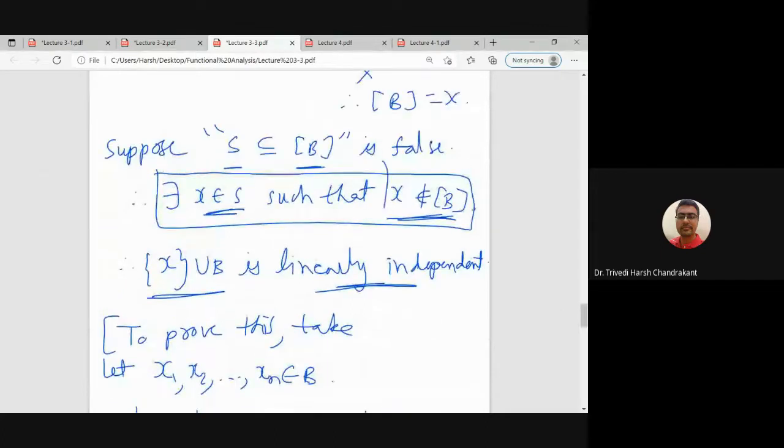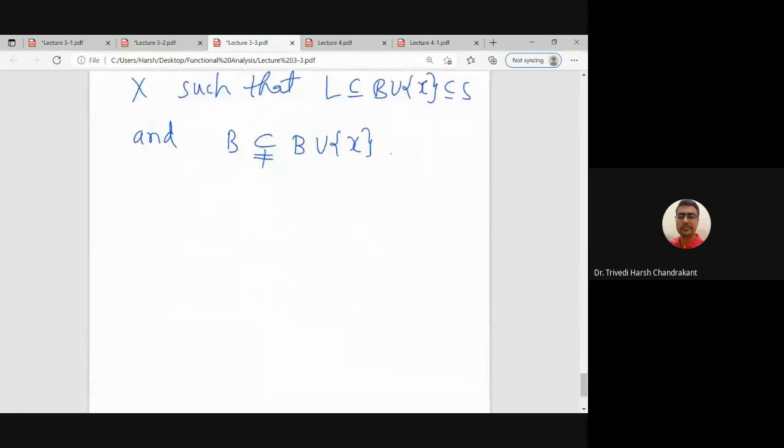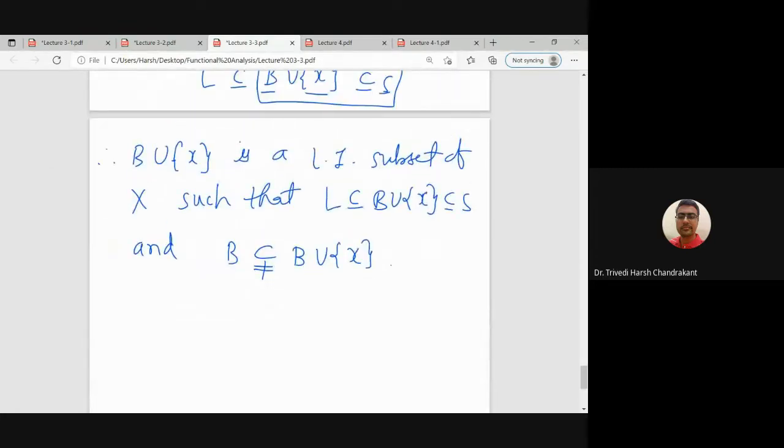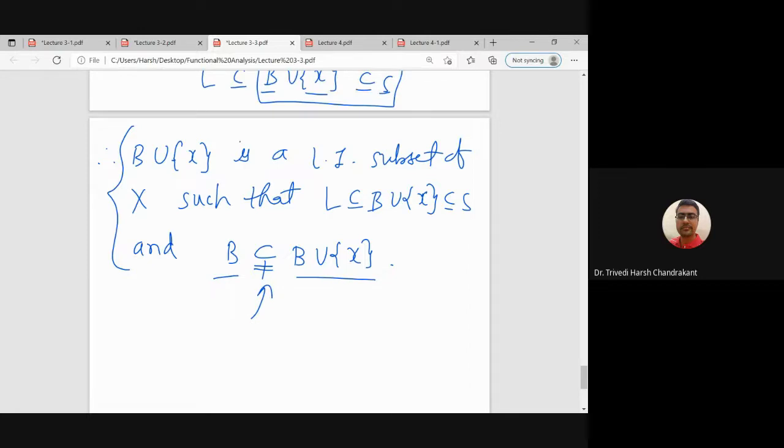X is not an element of B, right? So B is a set which satisfies this property, as well as B union X also satisfies this property, and B union X is bigger than B with respect to the partial order relation.